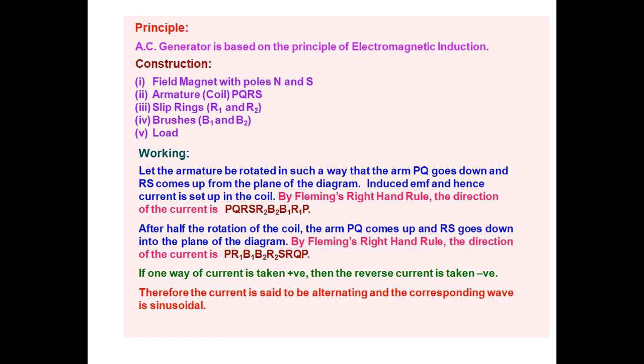EMF is induced, and hence current is set up in the coil by Fleming's right hand rule. The direction of the current is PQRS R2 B2 B1 R1 P.